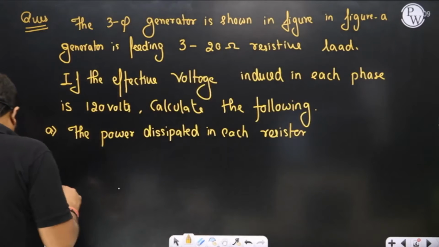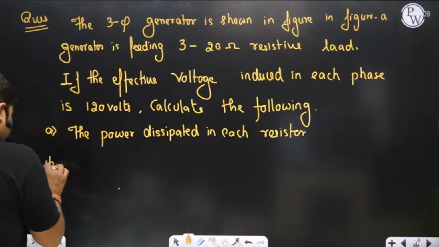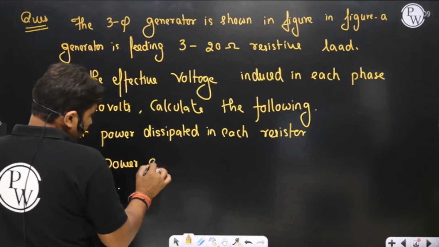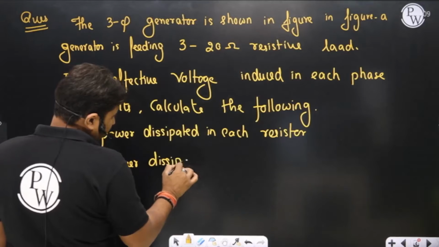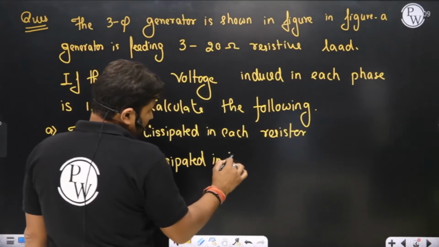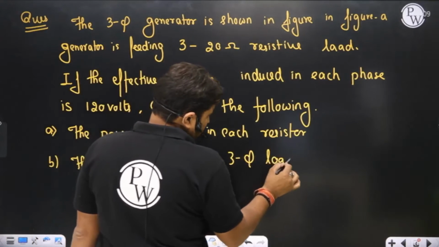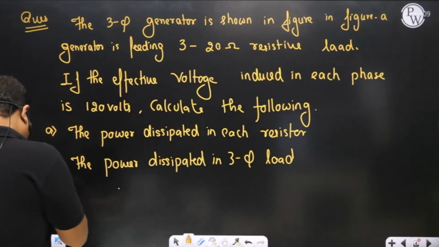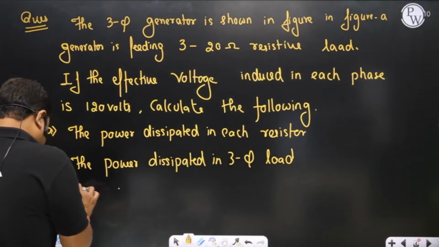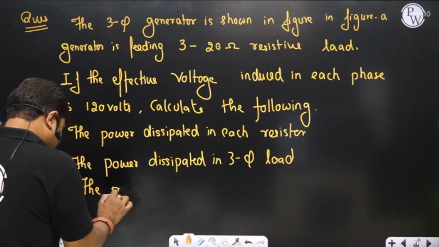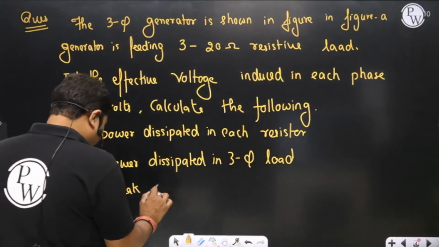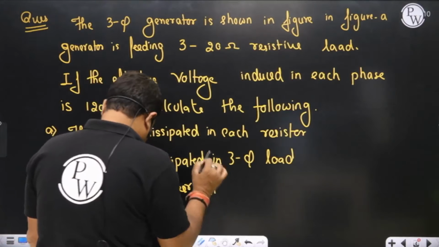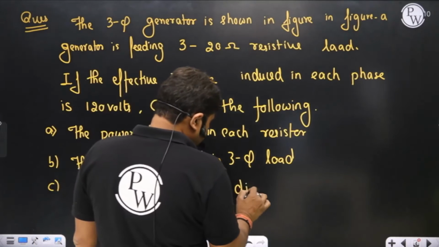The power dissipated in the three-phase load. Third one, the peak power PM dissipated in each resistor.